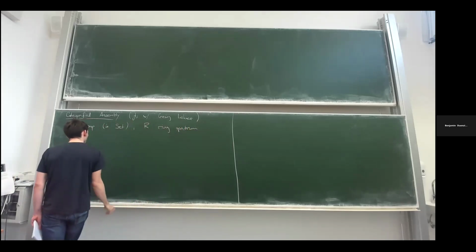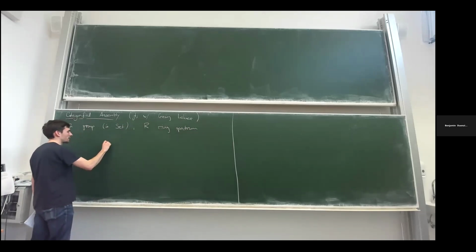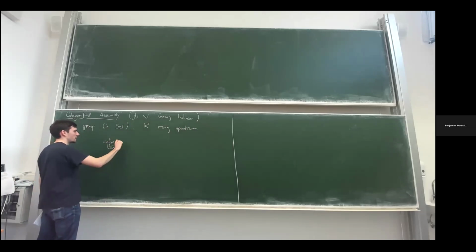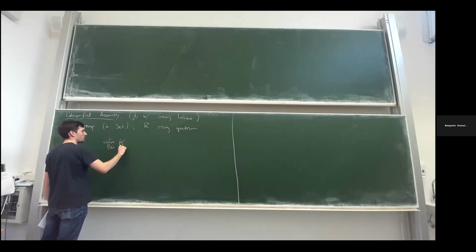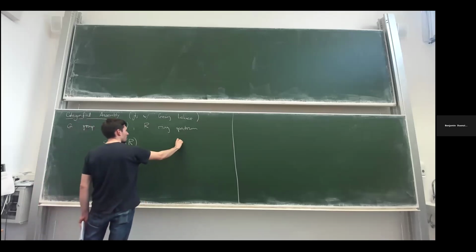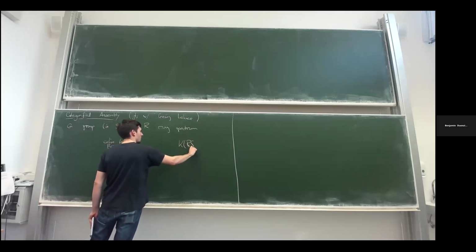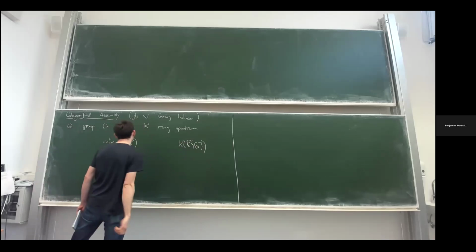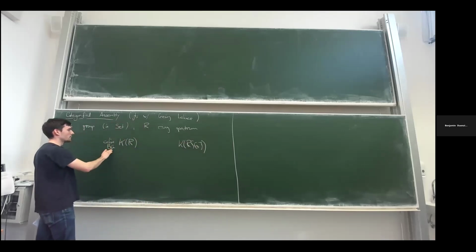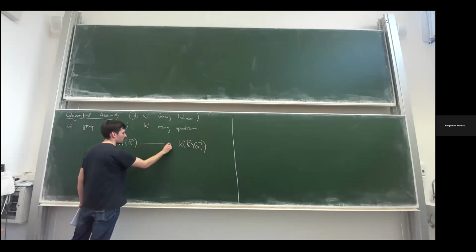Then the sort of classical object that is considered is the assembly map for the group ring. Namely, we can compare the K-theory of the group ring with this colimit indexed over BG of K-theory of the ring. And between those two objects, we have an assembly map.